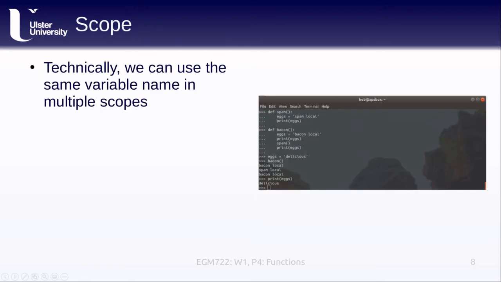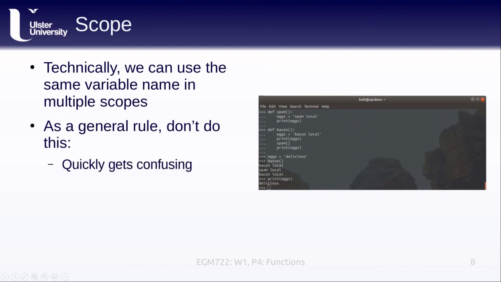So technically, what this means is that we can use the same variable name in multiple scopes, in much the same way that we can technically clone dinosaurs. That doesn't mean that it's a good idea. As a general rule, we don't want to do this because for one thing, it very quickly can get confusing.